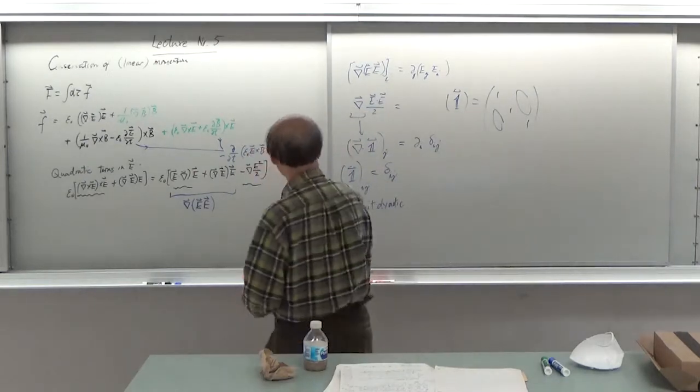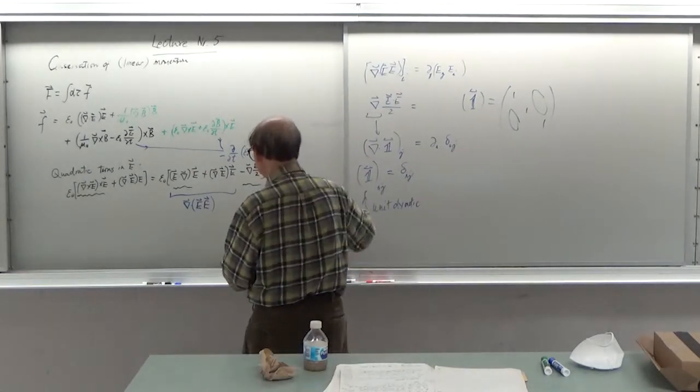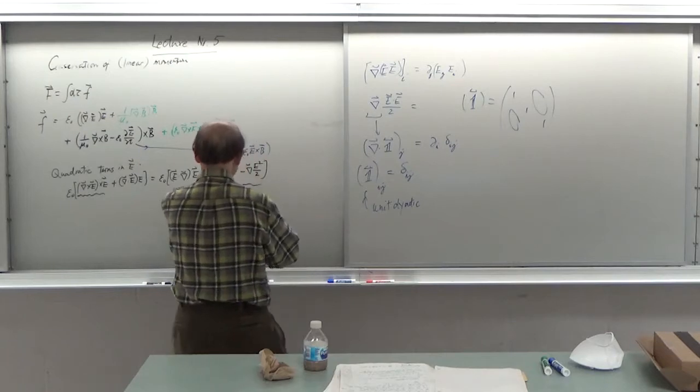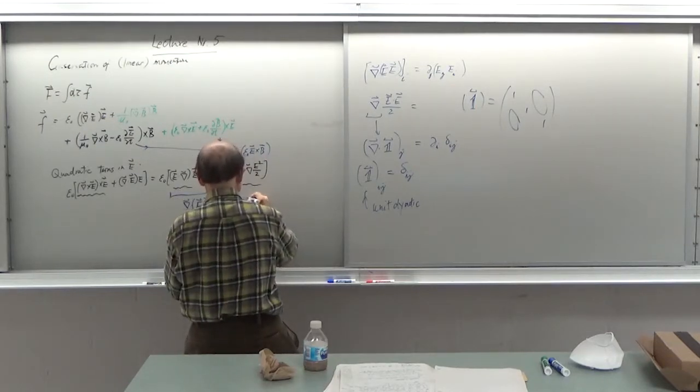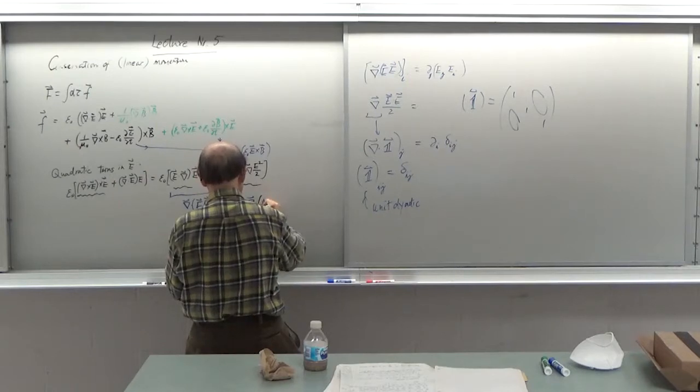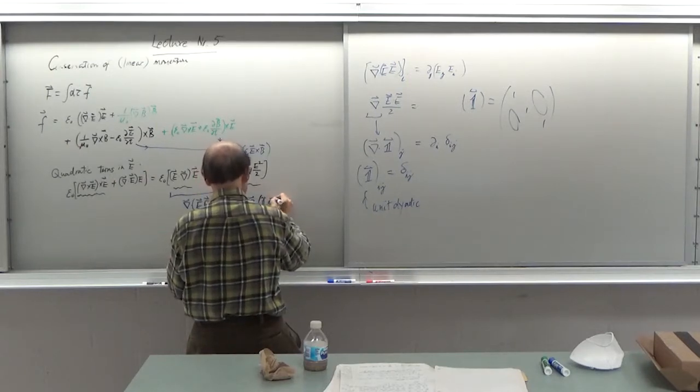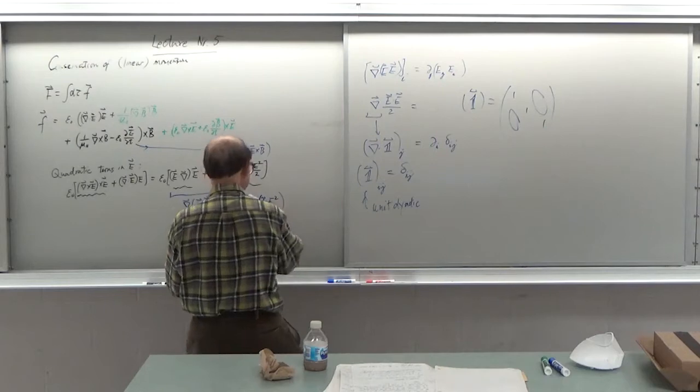All right? So we can write this as minus divergence dot unit dyadic times E squared over 2.